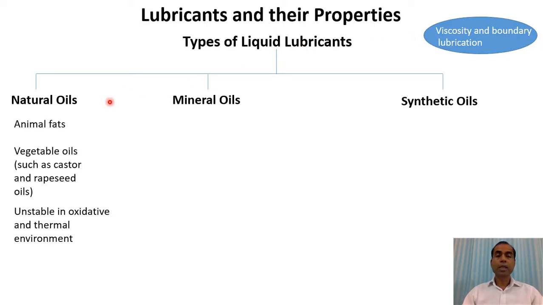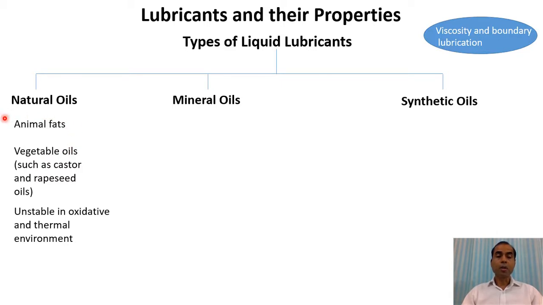First, natural oils. What are these materials? Natural oils are basically the oils that we obtain from nature without much processing. In this group, we have the animal fats and vegetable oils. These are the two most important natural oils.